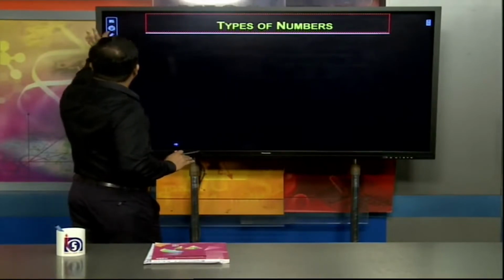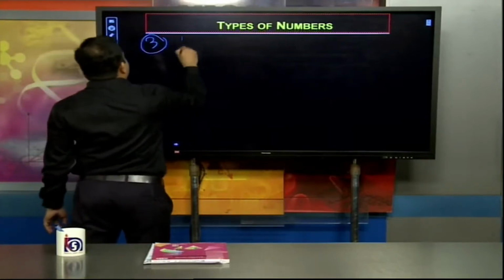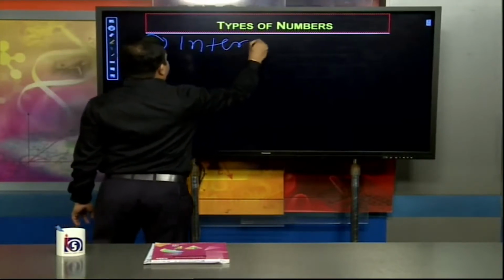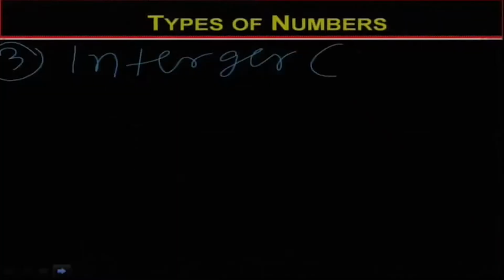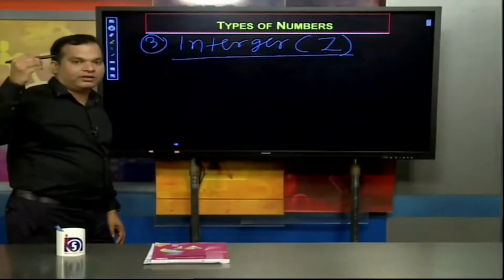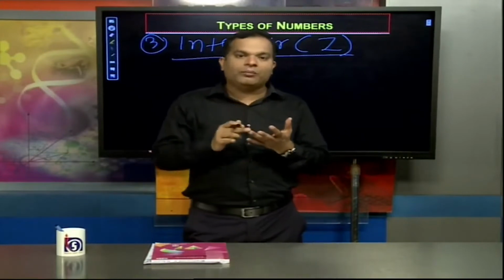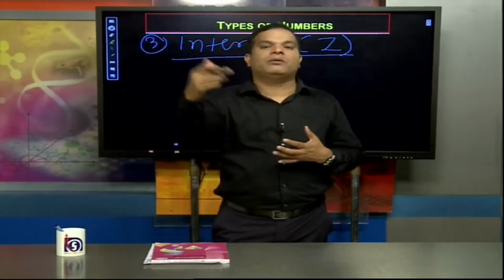The third category is a very important one, known as integers, and in general it is denoted as Z. Integers are a very important part of the number system. Natural numbers and whole numbers are members of the number system.